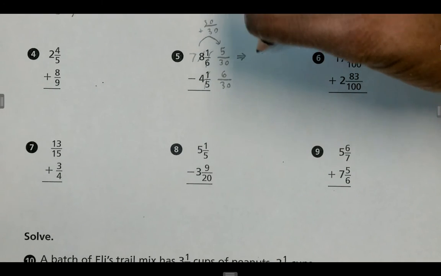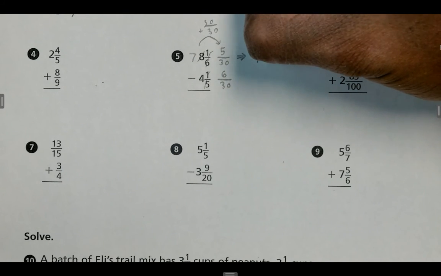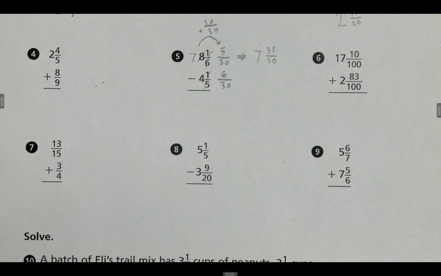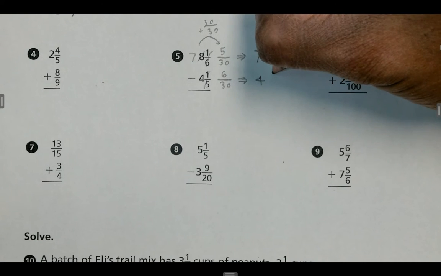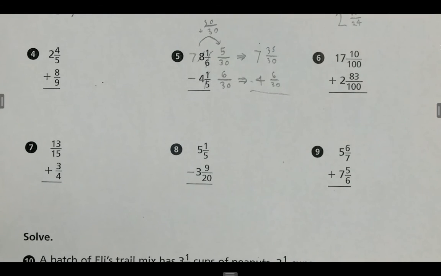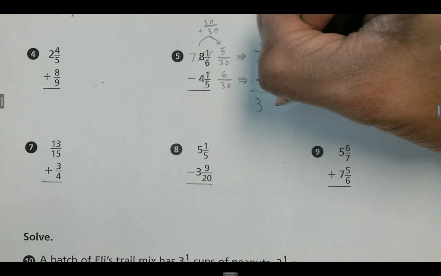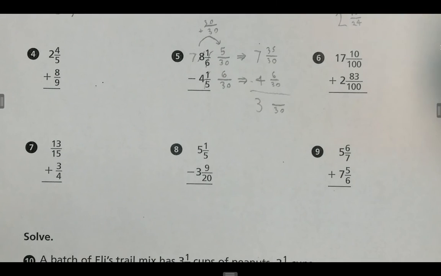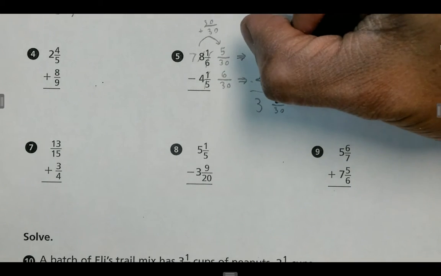And all of this will result in rewriting it as 7 and 35 over 30. Over here, this mixed number stays as 4 and 6 over 30. And now we can do our subtraction. Whole numbers first. 7 minus 4 is 3. Fractions next. 35 minus 6 is 29.